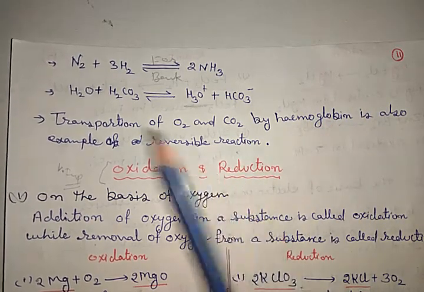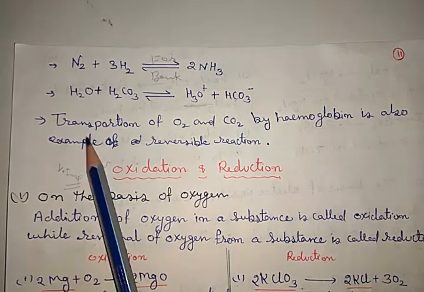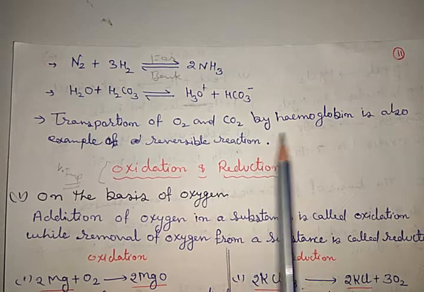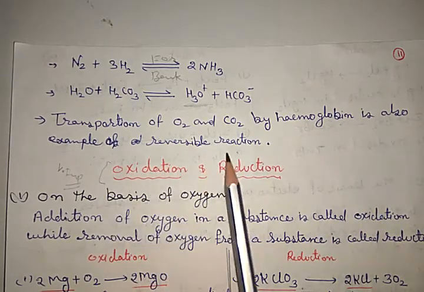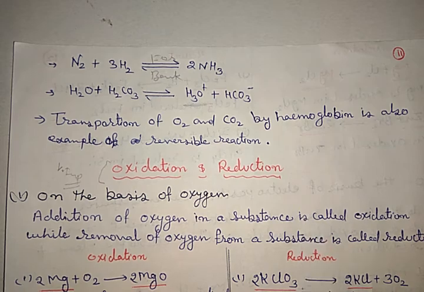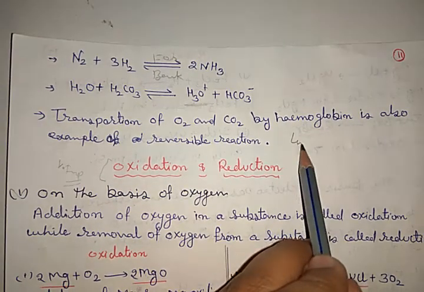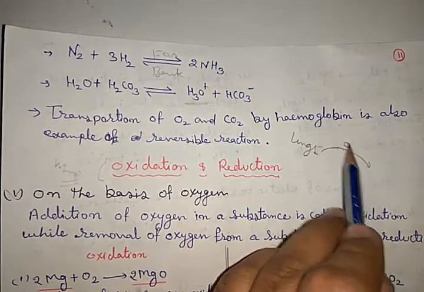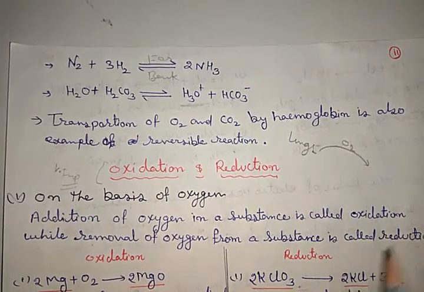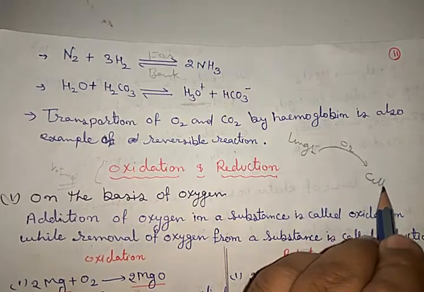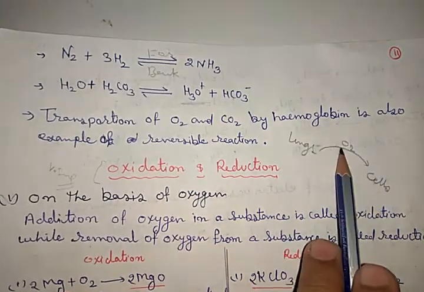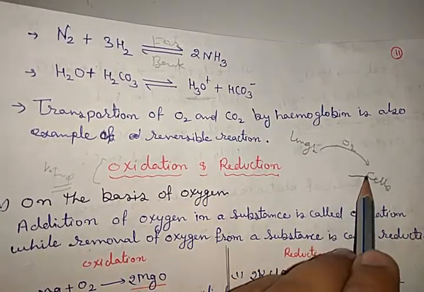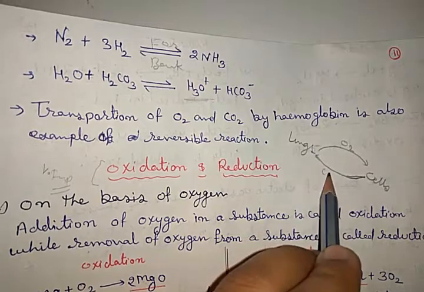The next example is the transportation of oxygen and carbon dioxide by hemoglobin, which is also an example of a reversible reaction. In the lungs, the hemoglobin combines with oxygen and carries it towards our body cells and tissues, and from the cells it releases the oxygen and takes carbon dioxide.